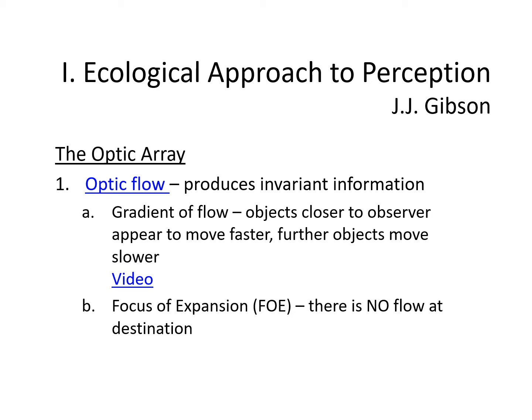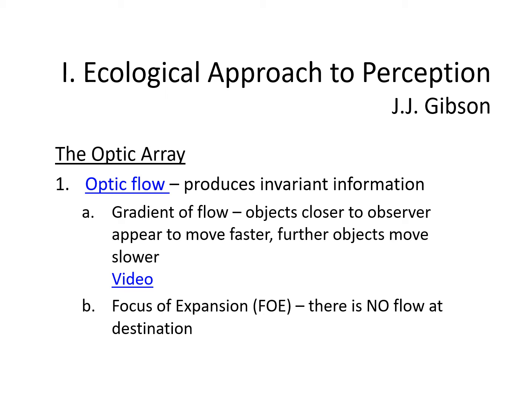Objects that are closer to the observer appear to move by faster, and objects that are further away appear to move by more slowly. We talk about this a little bit differently in depth perception as motion parallax, but it's the same kind of idea. If you think about when you're on a highway, so that there are guardrails, trees maybe close to the highway, you're going by so fast that you don't even see the pieces and parts of the guardrails, right?